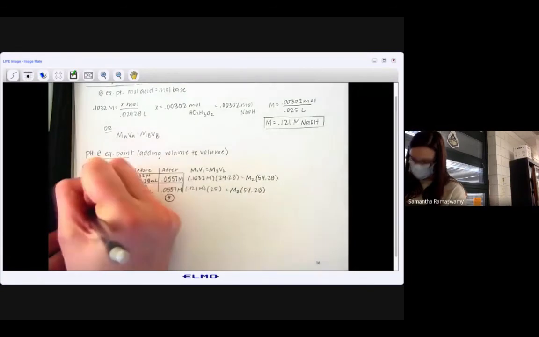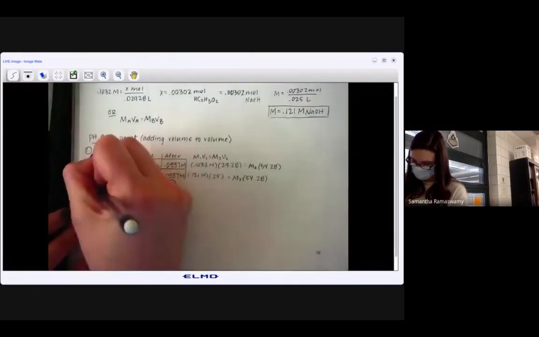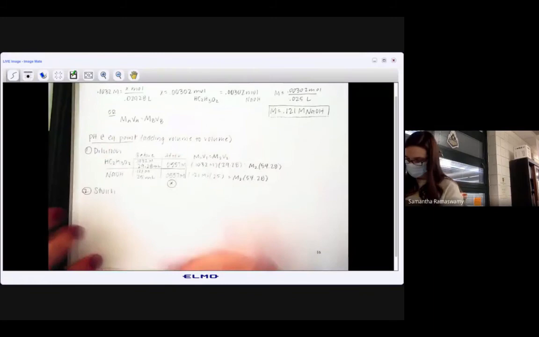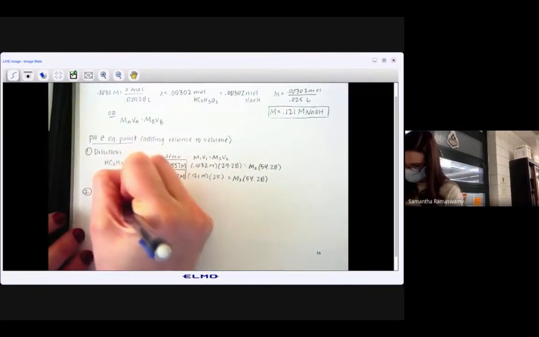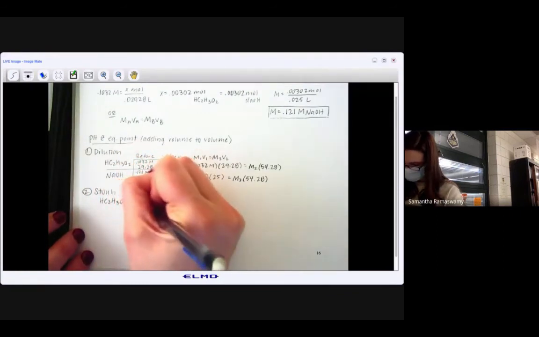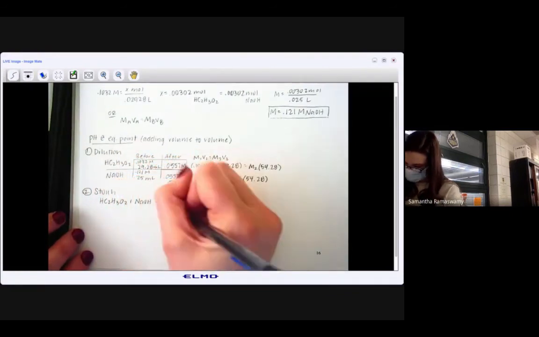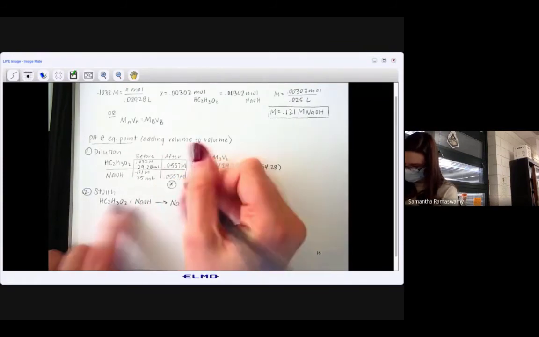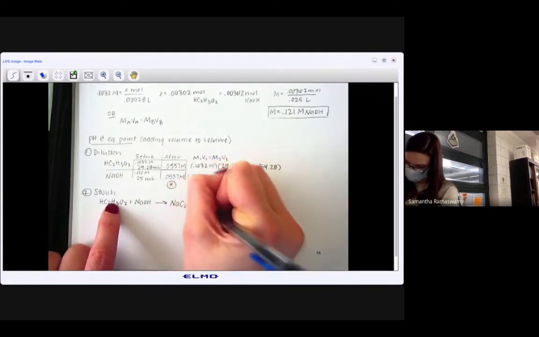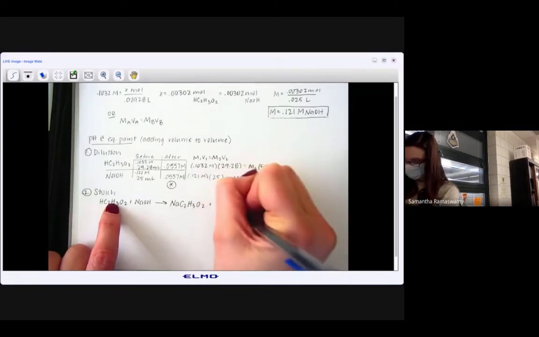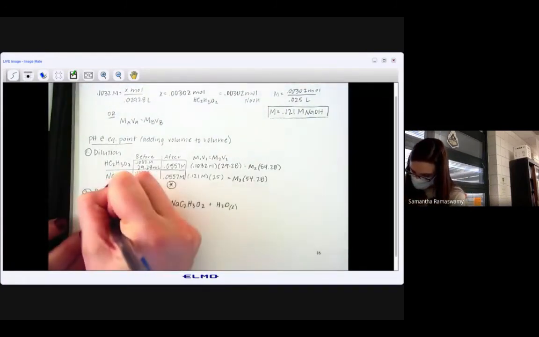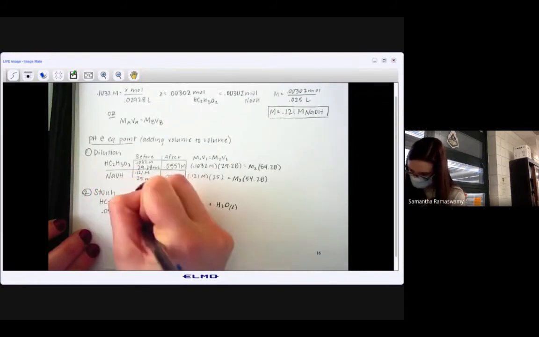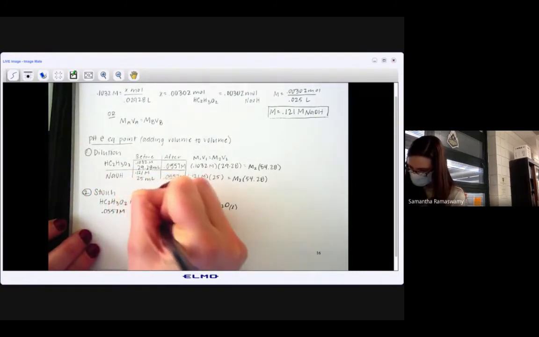So if I look at the stoich, I have acetic acid plus NaOH. The salt is Na plus and C2H3O2 minus, and water. This is stoichiometry. So I have 0.0557 molar of the weak acid and the strong base.